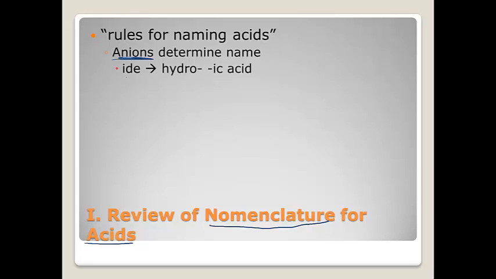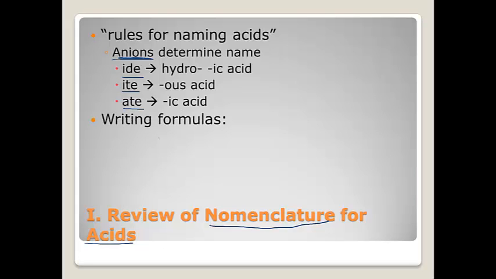Remember, anions can only end in "ide," "ite," or "ate," and use the following rules. "Ide" turns into hydro-ic, "ite" turns into "ous," and "ate" becomes "ic" in terms of the names. And writing formulas: the acid names will end in either "ic" or "ous," but watch for a prefix.